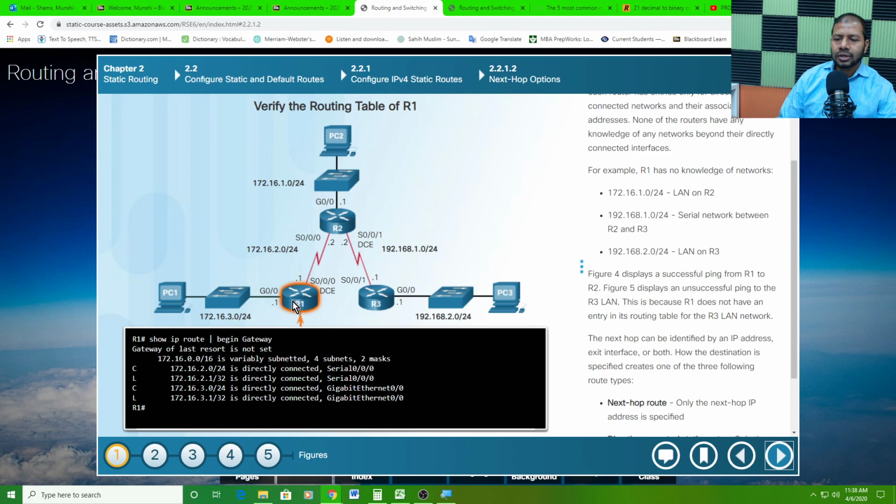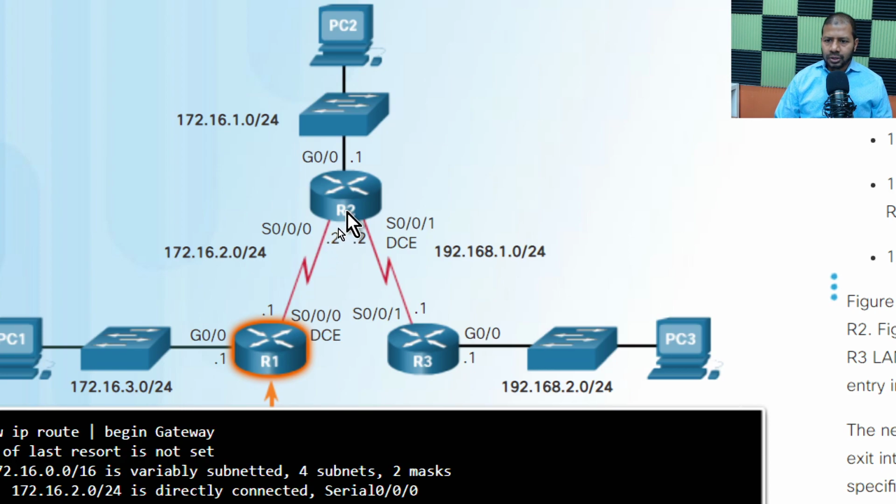Now let's talk about another network right here, 172.16.1.0. For that network, R1 does not know. So you have to actually write an entry in the routing table stating that in order to go to 172.16.1.0, R1 has to send the data to R2, this dot 2 interface.